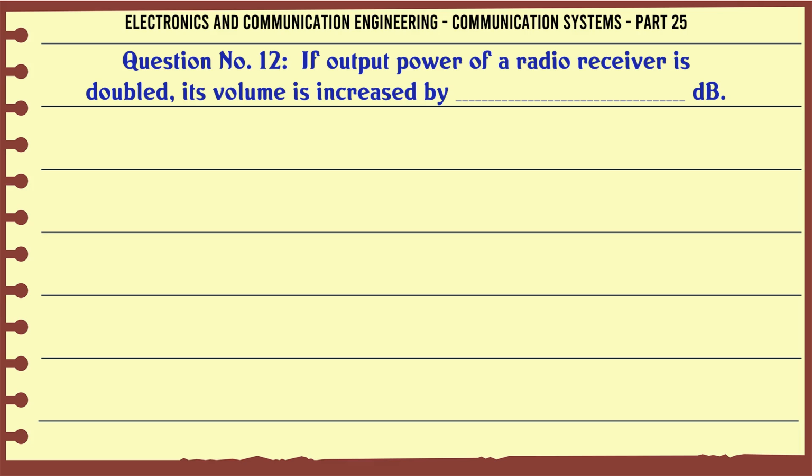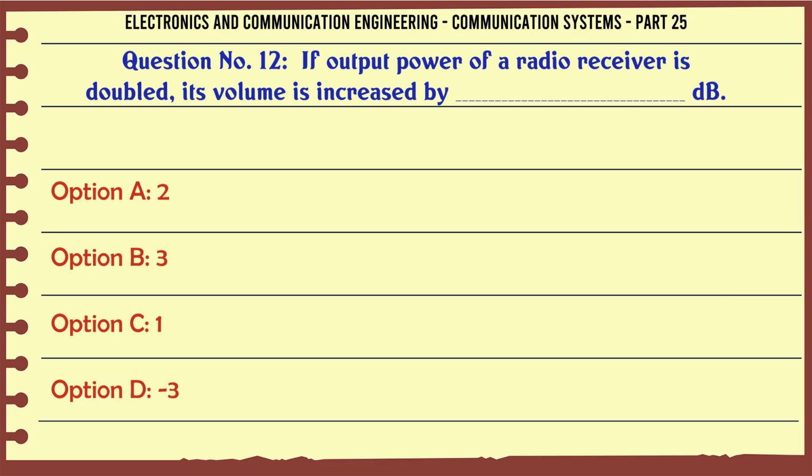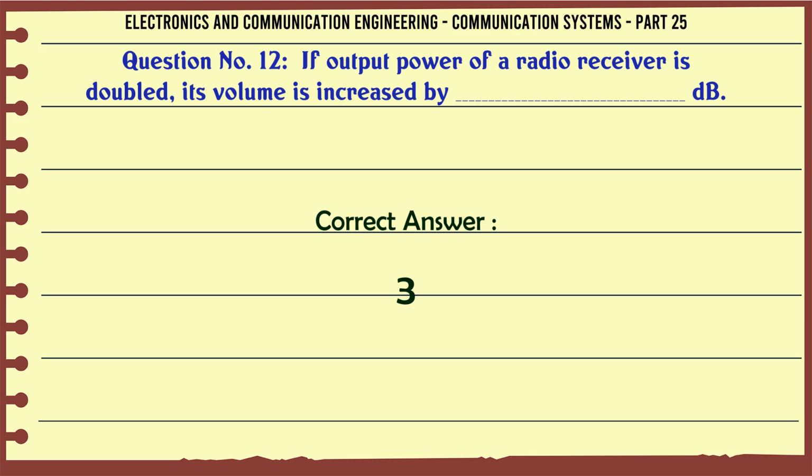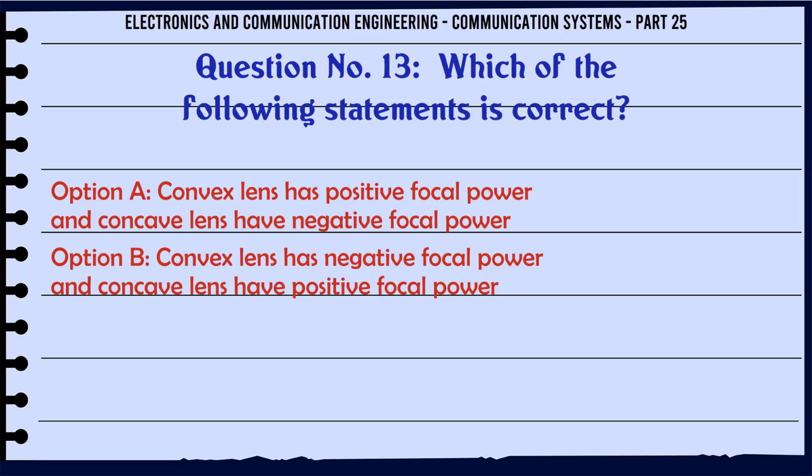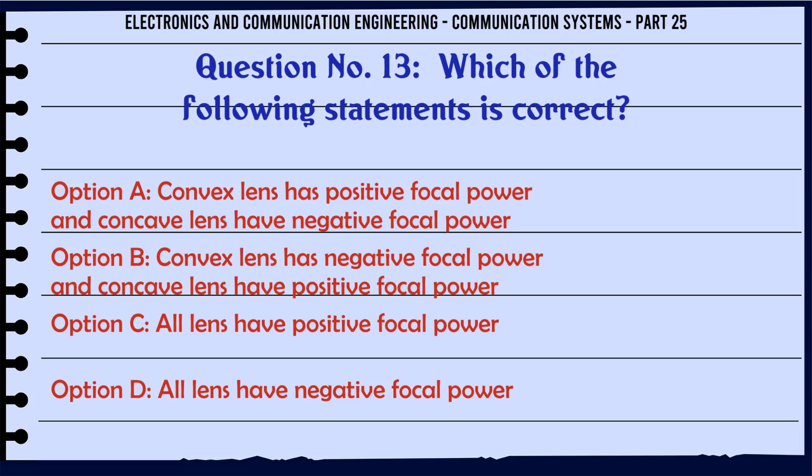If output power of a radio receiver is doubled, its volume is increased by how many dB? A. 2. B. 3. C. 1. D. 3. The correct answer is 3. Which of the following statements is correct? A. Convex lens has positive focal power and concave lens have negative focal power.